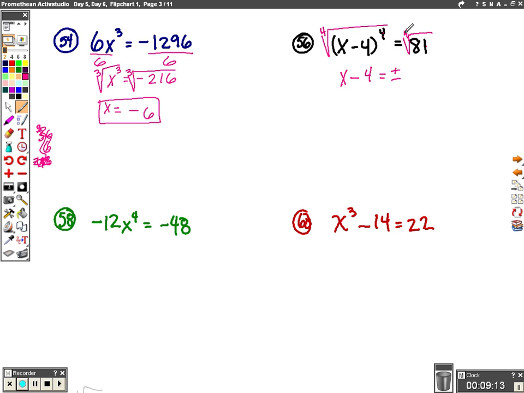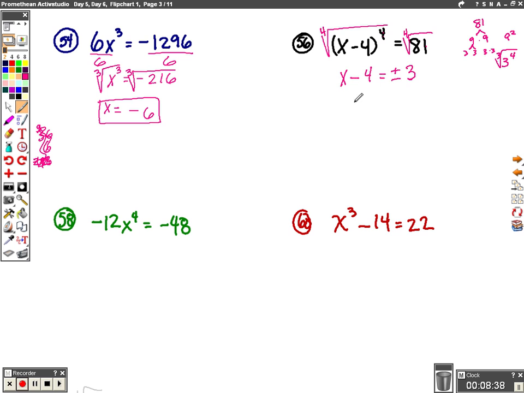The 4th root of 81: I can rewrite 81 as 9 times 9, but that would be 9 squared, and I don't need a square root, I need a 4th root, so I need something to the 4th power. 9 is 3 times 3, so I can rewrite 81 as 3 to the 4th power. So the 4th root of 81 is 3, because the 4th root of 3 to the 4th would be 3. But plus or minus 3, right? There are two real solutions.